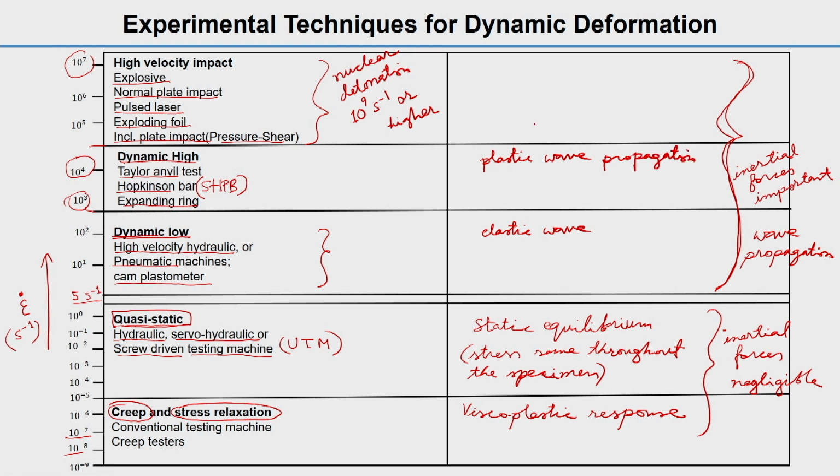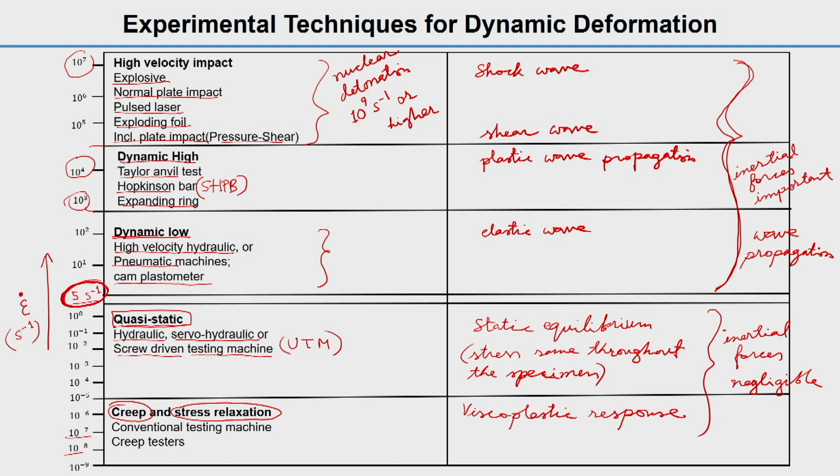The plastic shear wave you can see from inclined plate impact, and at very high strain rate, shock waves propagate. So now the entire picture is quite clear to us. This is the table from Marc Meyers's book.